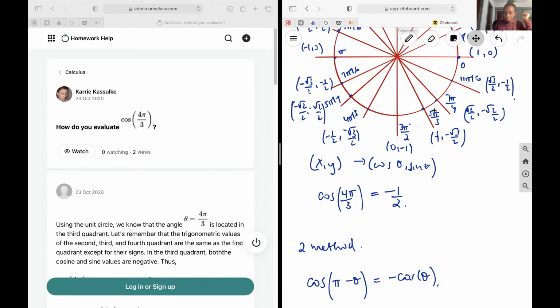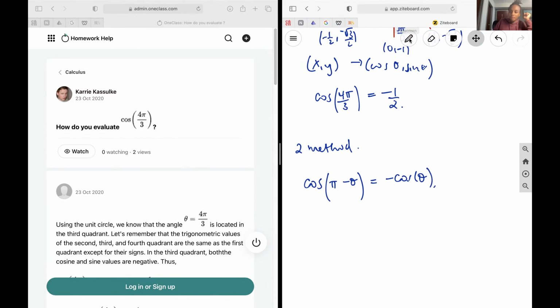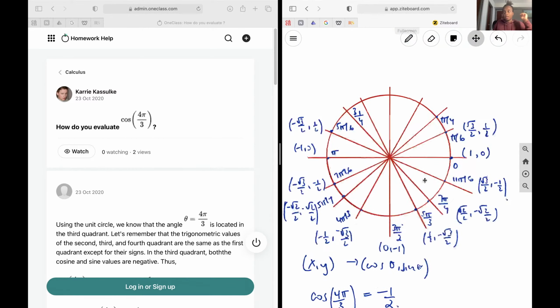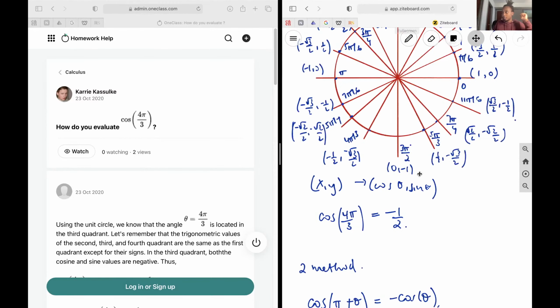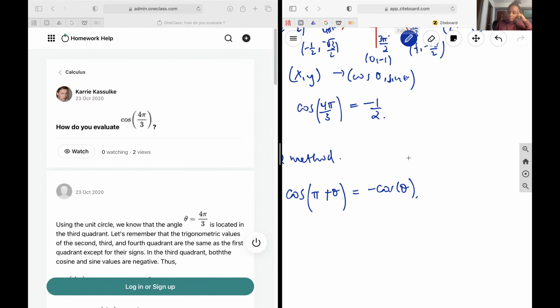Sorry, plus theta. Yeah, negative cos theta. There we go. And that's just a supplementary angle identity.